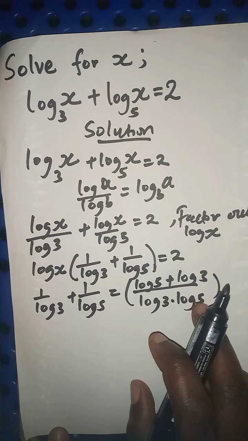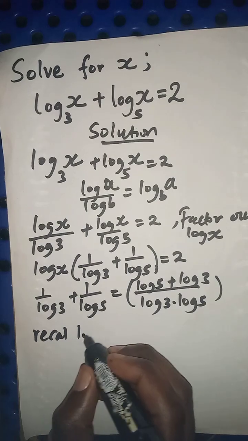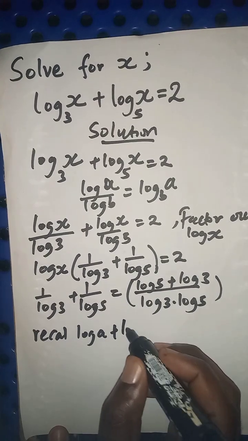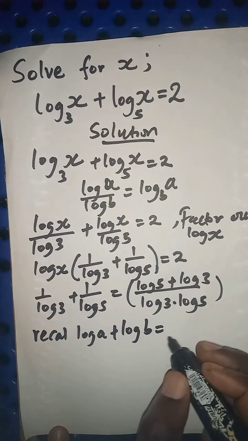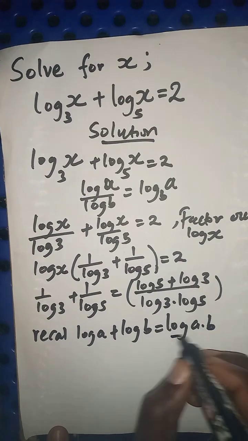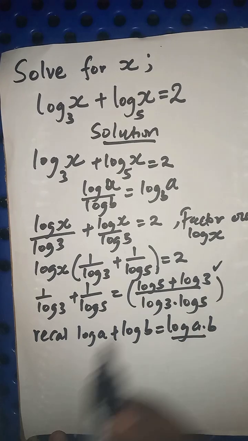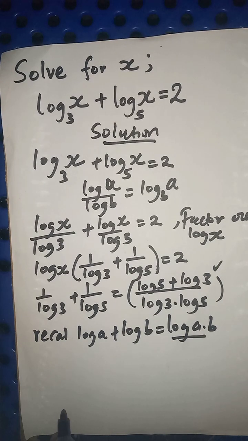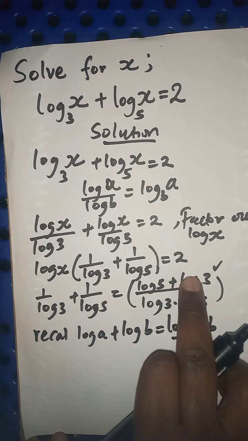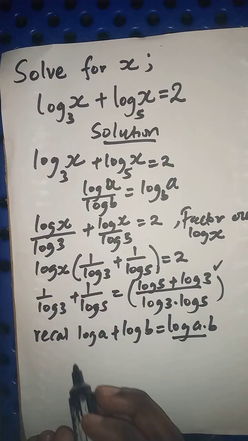And you also need to recall that wherever you have the log of a plus the log of b, this can be written as the log of a multiplied by b. So taking this approach and applying it there, the numerator shall be, so let me start with the log of x.